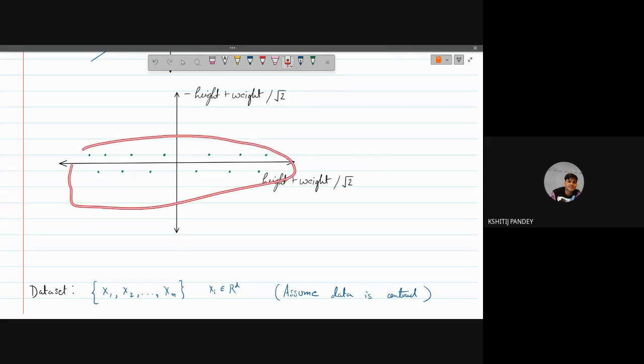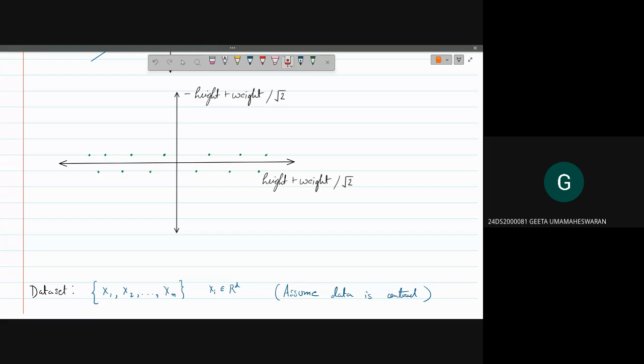The points that I have represented may not be very accurate, but the points will be such that the best fit line will be the y-axis, because we want to reduce the error, right? Is that clear? No, sir, can you please explain once again? The best fit line is the x-axis, no? And the y-axis is perpendicular to the x-axis.